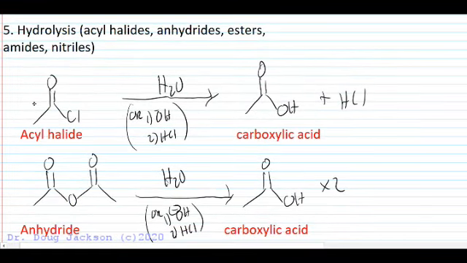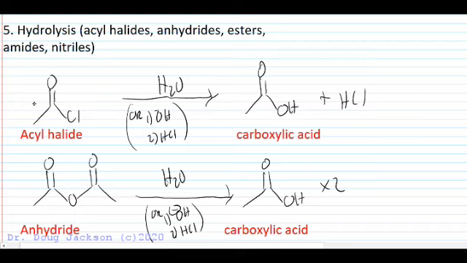Okay, now a quick review of hydrolysis. Acid halides, anhydrides, and esters can all undergo hydrolysis to carboxylic acids. We can start with water adding to our acid halide and anhydride. That's a weak nucleophile, strong enough to add to these functional groups, and we will generate an equivalent of carboxylic acid.